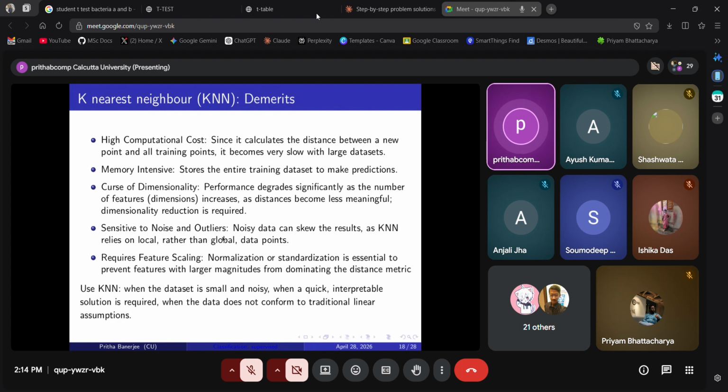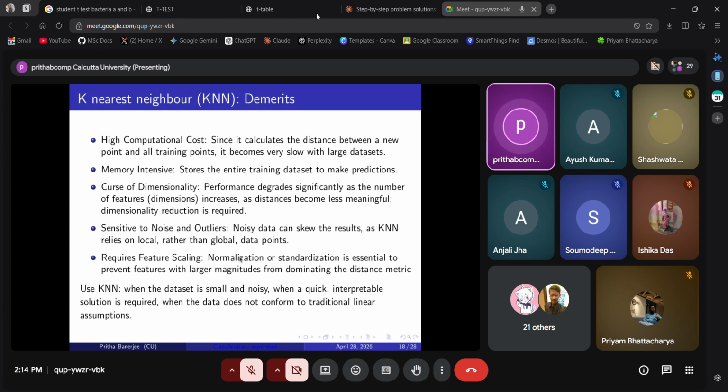Sensitive to noise and outliers, that we have seen. Noisy data can skew the result, because it is seen that KNN will perform well if the pattern is most visible locally rather than from far off distances. And it requires feature scaling that I was talking about.